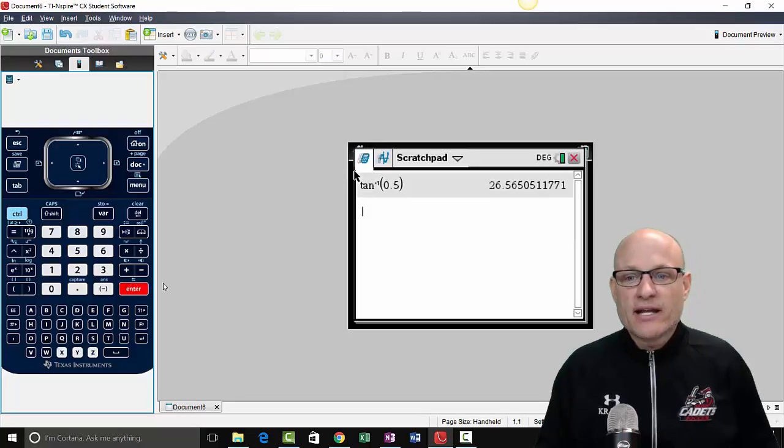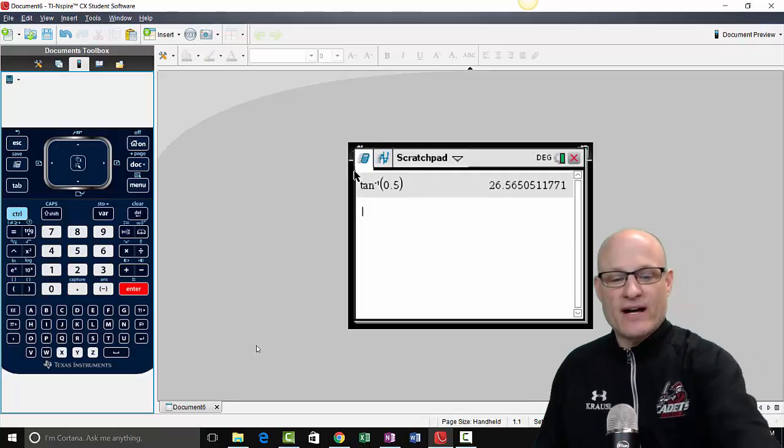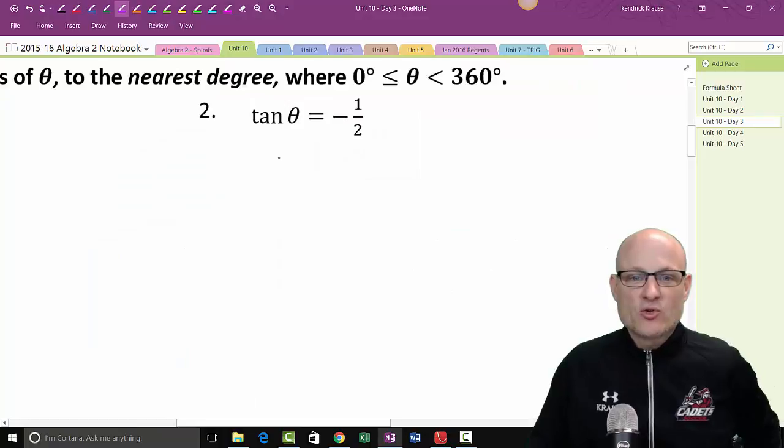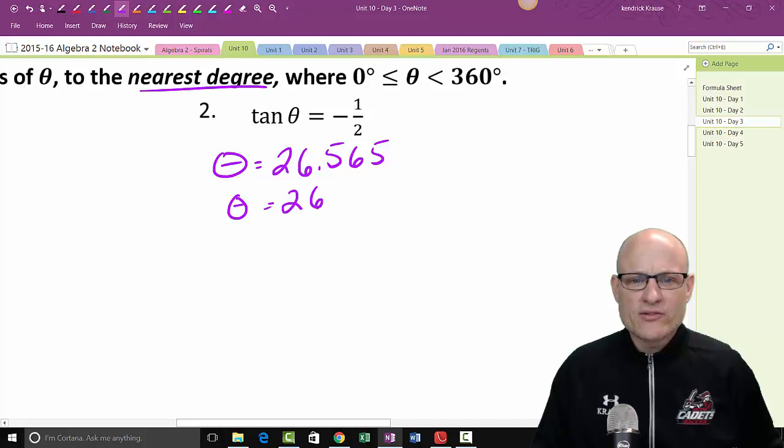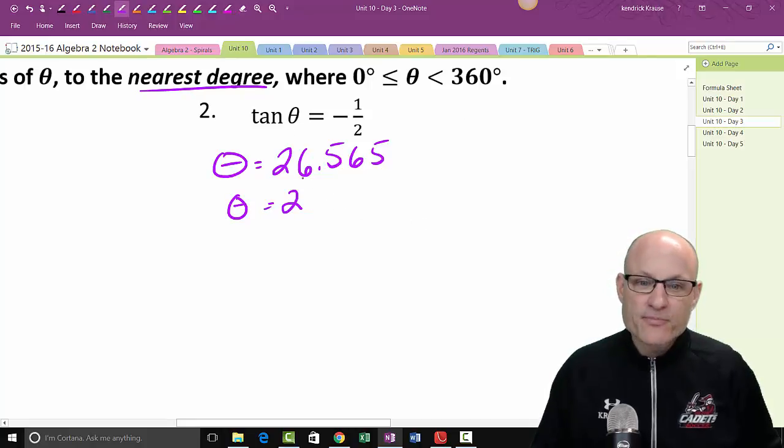That's a half. And I get 26.565. That's what theta is equal to. Round to the nearest degree, theta is equal to 27 degrees. Okay, no problem.